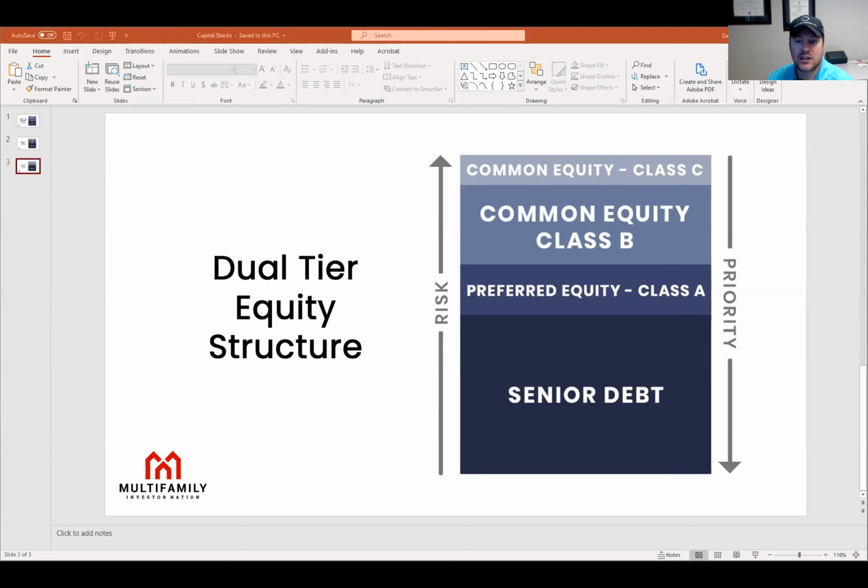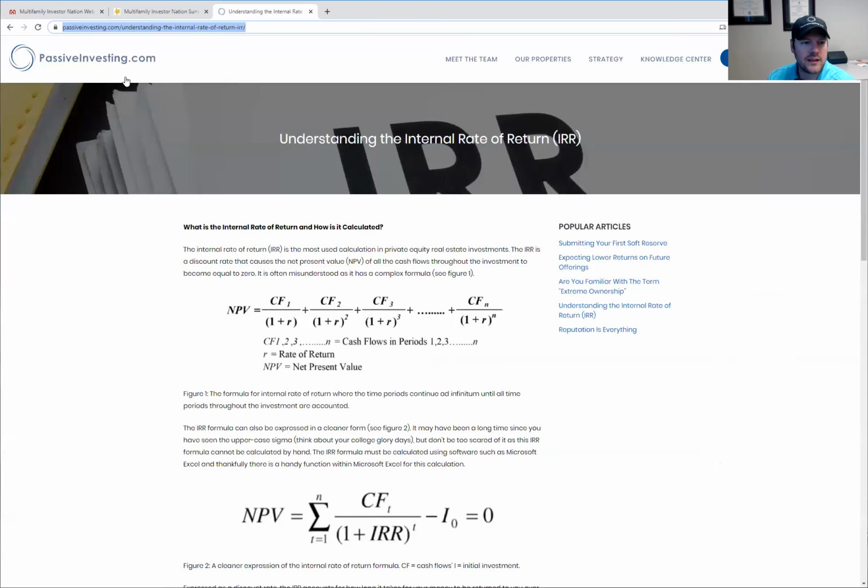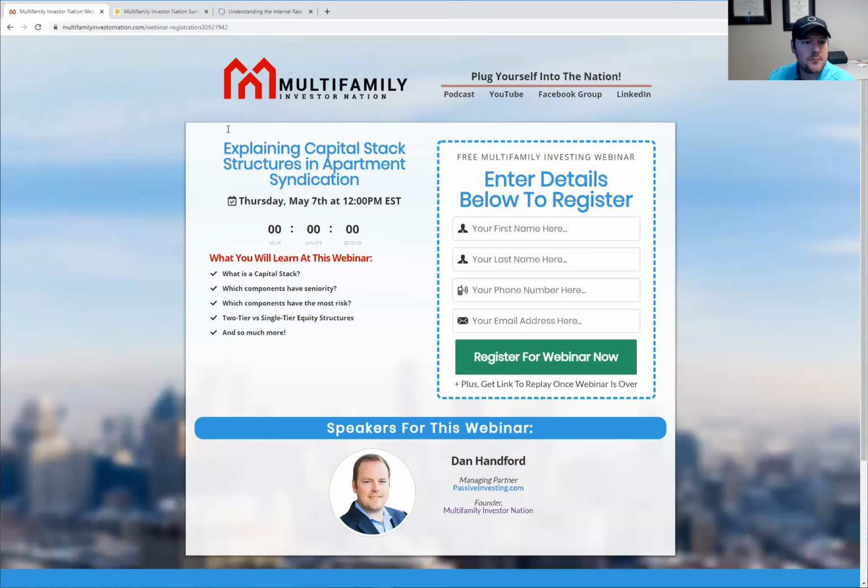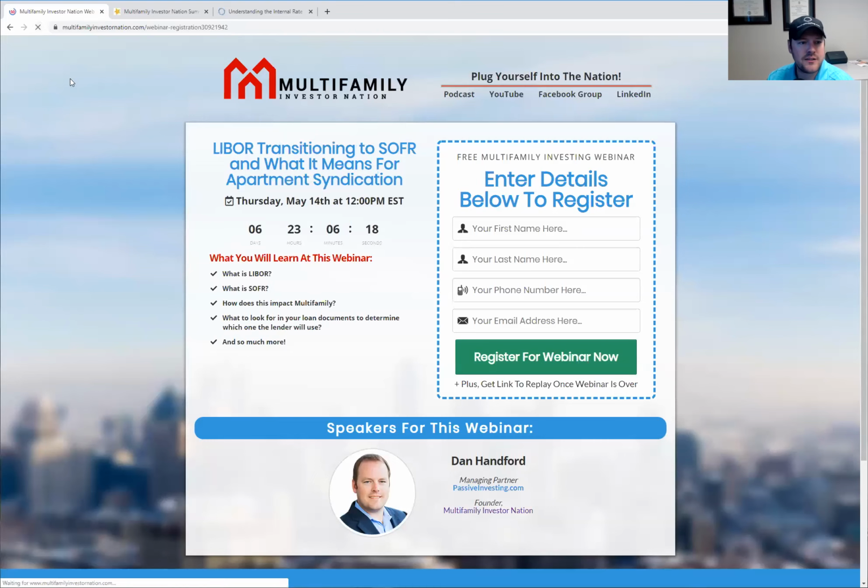And next week, actually, let me share with you the topic we're going to have next week. So let me share a different screen with you here. This is that article I was telling you about on the IRR, but let me refresh my screen. Next week, you've probably heard about LIBOR. This is what a lot of these lenders base rates off of.